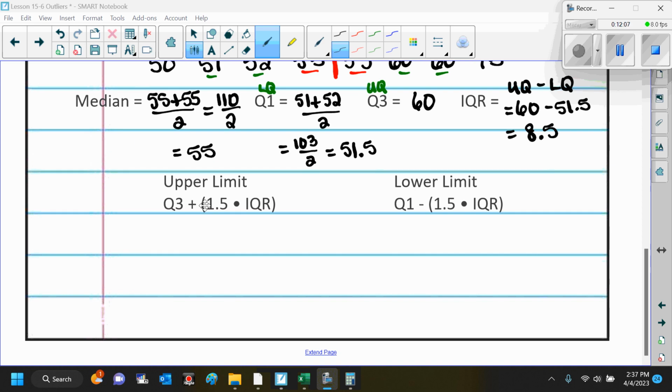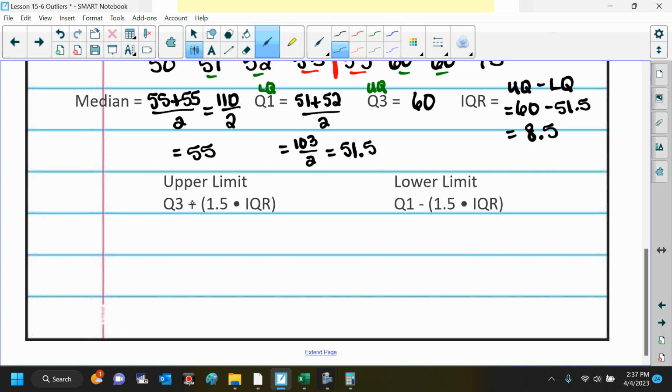All right, so now we're going to find our upper limit and our lower limit. So for the upper limit, we've got Q3, which is the upper quartile, so that's 60, plus 1.5 times the interquartile range, which is 8.5.